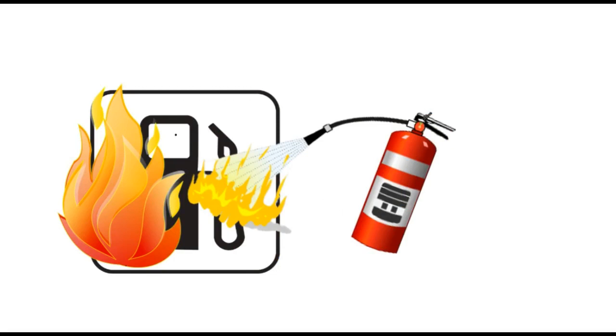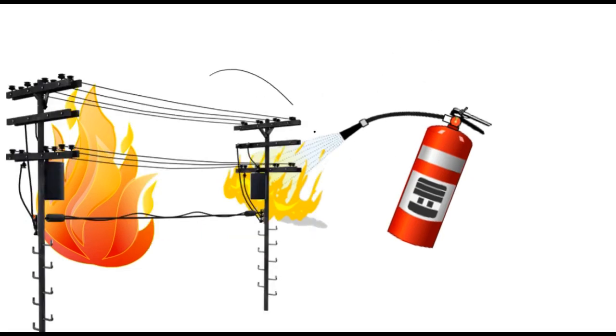In the case of petrol, we have to use this fire extinguisher. Carbon dioxide will rush out and put off the fire. It will block the entry of oxygen, even in a fire accident, by creating a layer since it's heavier.